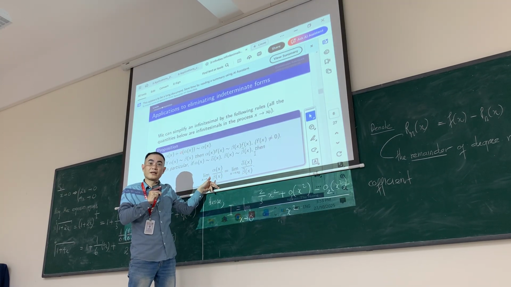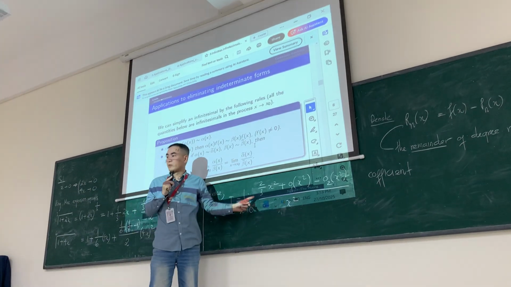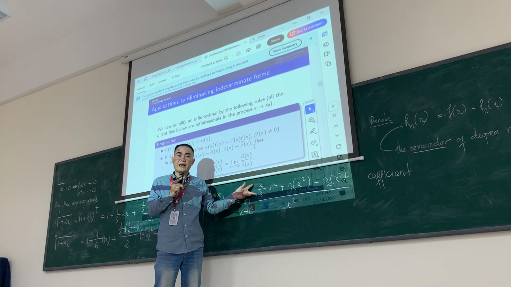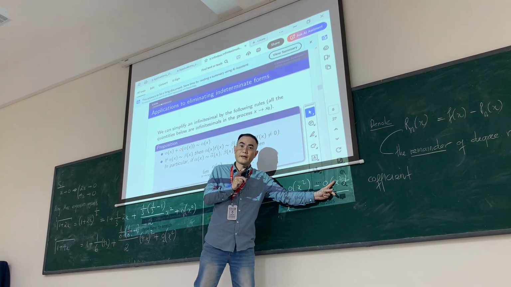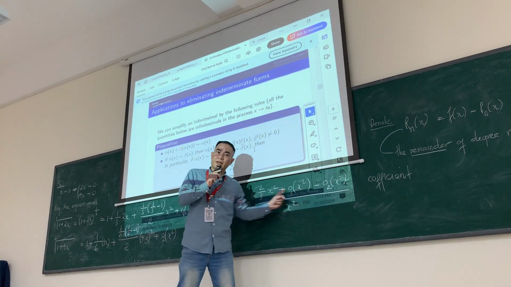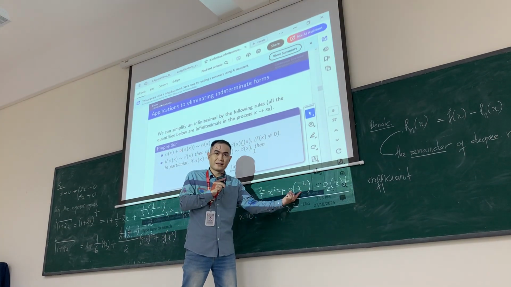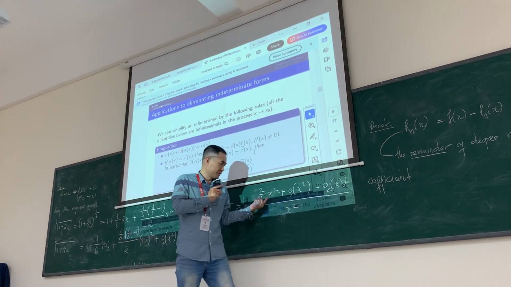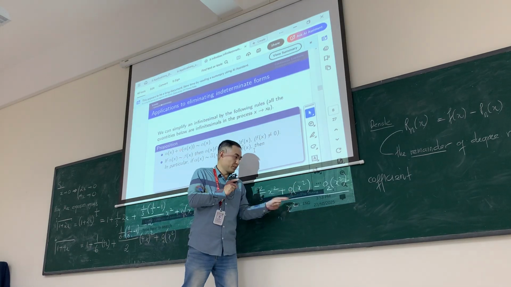Now, return to the example. In the numerator, how many infinitesimals do we have? 1, 2, 3. Three infinitesimals, and we compare with x squared. So in the numerator we can do this.